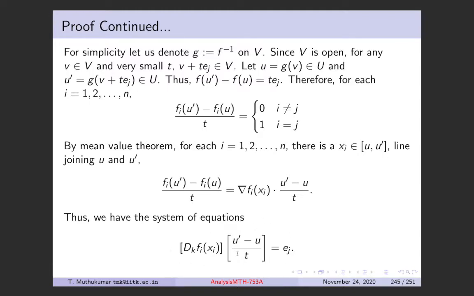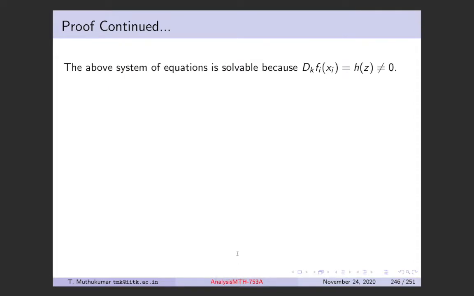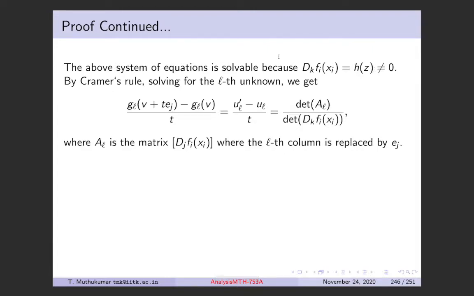This is solvable if the determinant of that matrix is non-zero. So you use Cramer's rule, and you actually solve for the lth unknown.